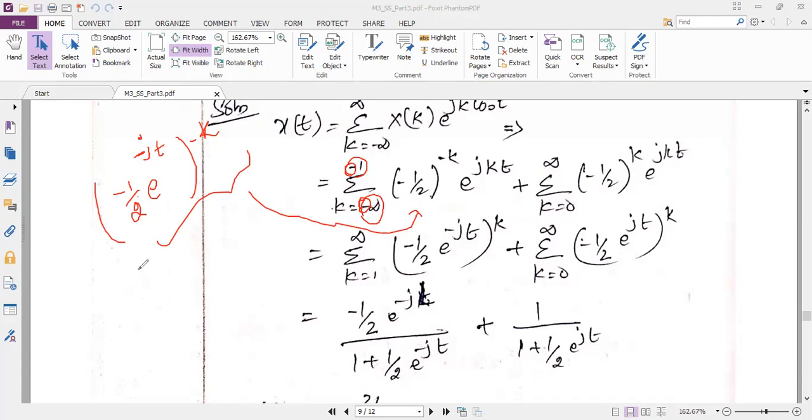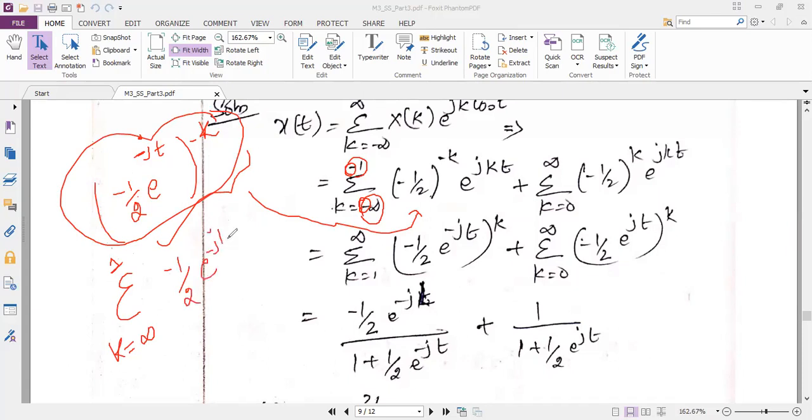I don't want minus infinity, I want plus infinity and plus 1. If I want to remove this minus, then the term written before will change to minus 1 by 2 e power minus j t the whole power plus k. Please understand this step.